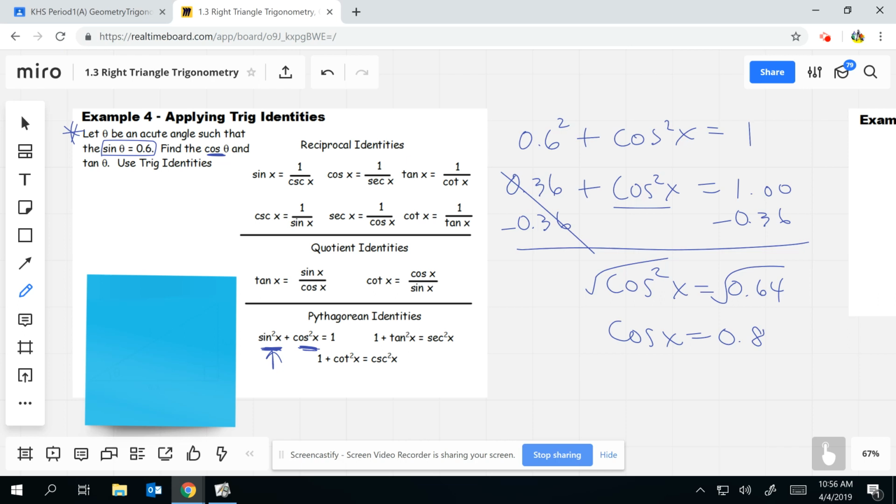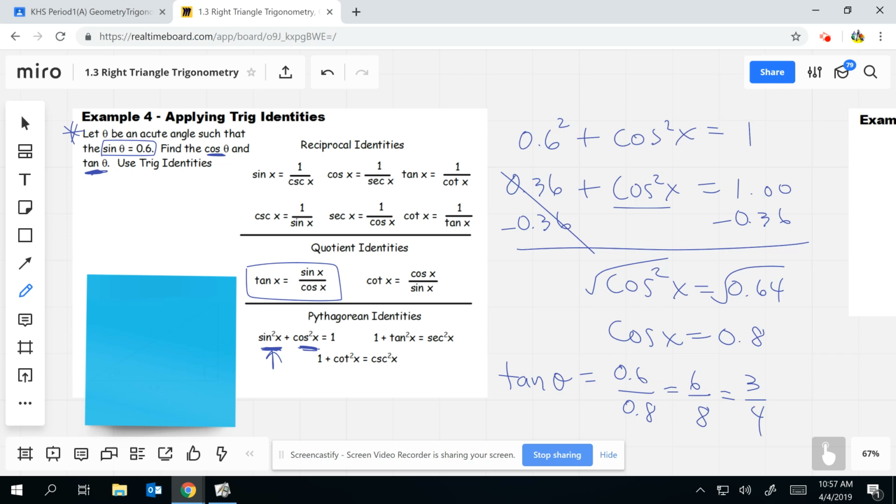Okay, so now I have my sine and I have my cosine, and they want me to find tan. So you go to this quotient identity and say, well, I can just divide those two and get tan. So my tangent is going to be my sine, which was 0.6, divided by my cosine, which was 0.8. If I multiply them both by 10, I get 6/8, and if I reduce that, I get 3/4.